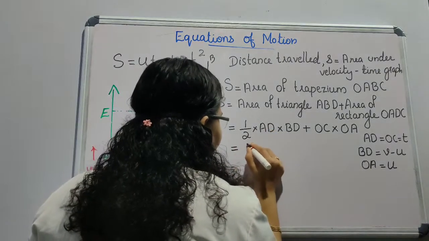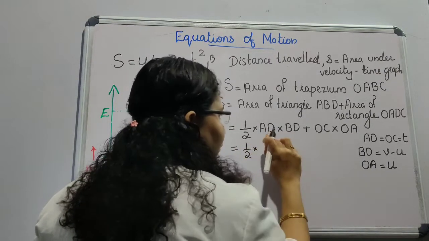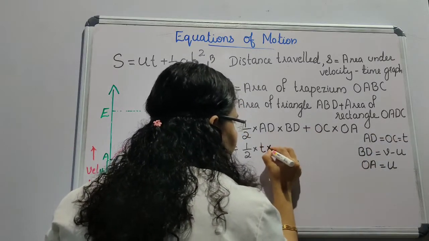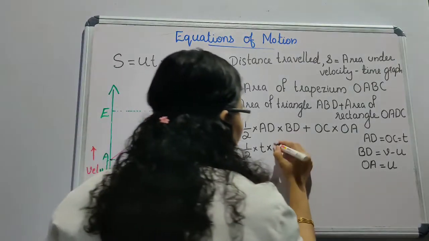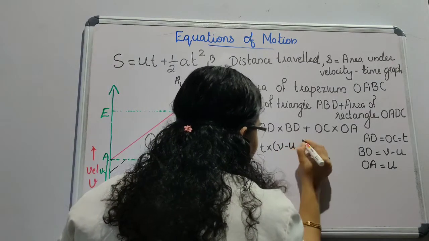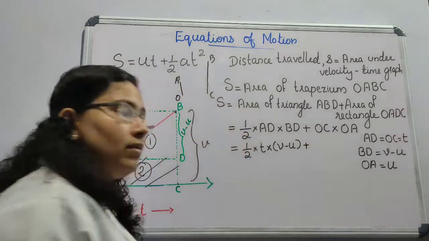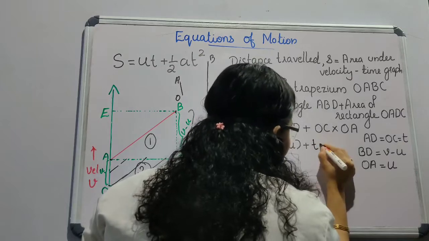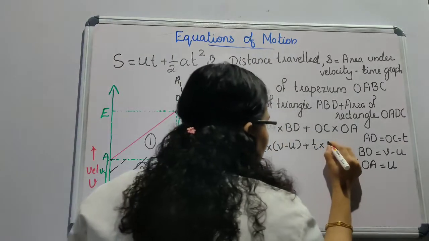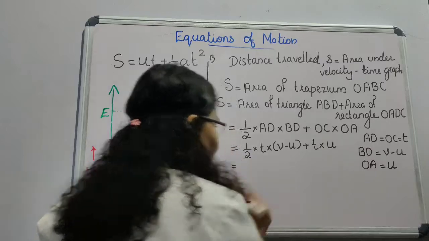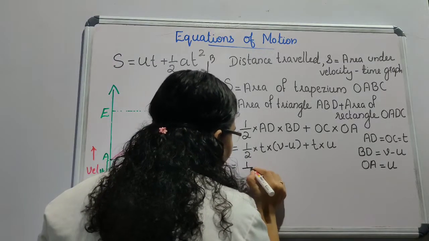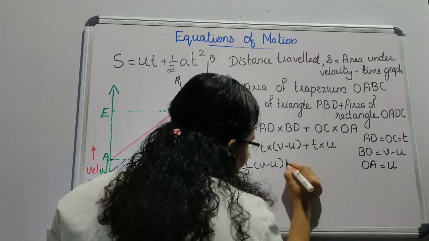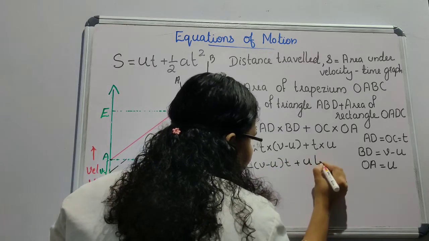Shall we substitute this in the equation? Instead of AD, which is equal to OC, we write T, and BD is V minus U, plus OC, which is T, into OA, which is U. So we can write it as half into (V minus U) into T plus UT.